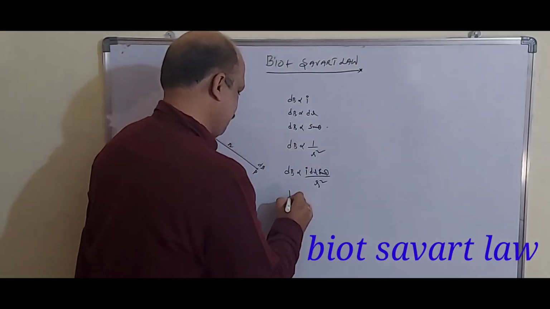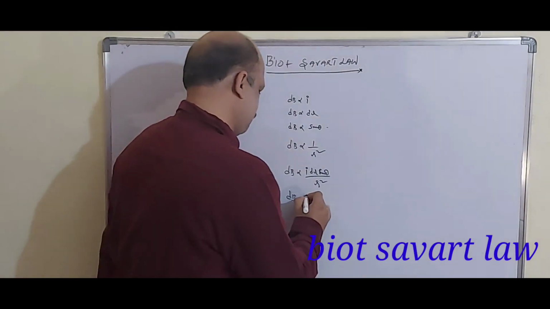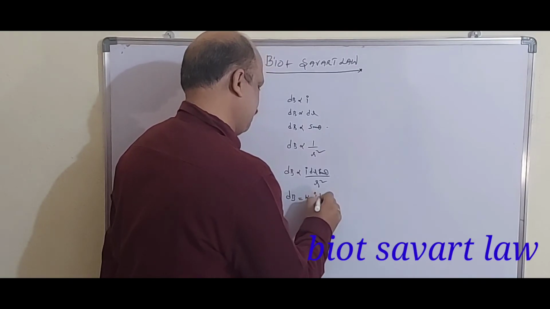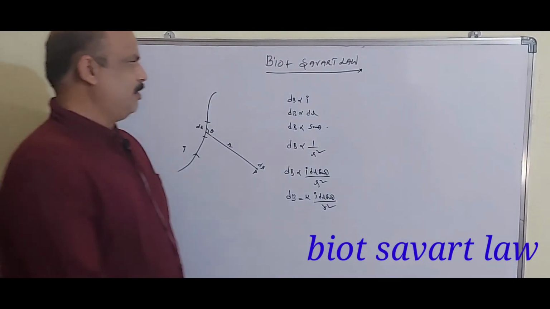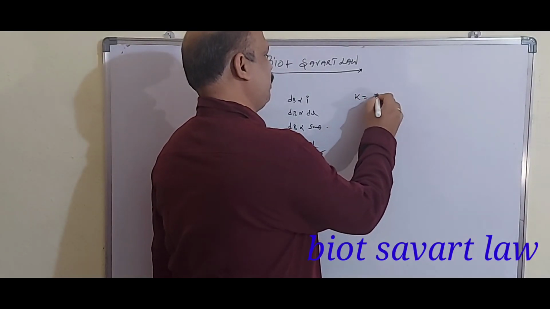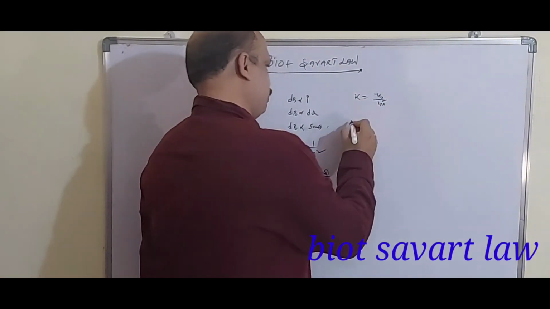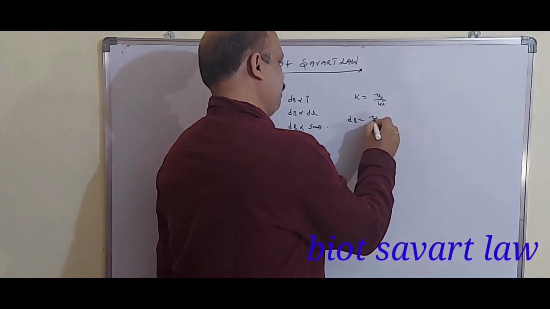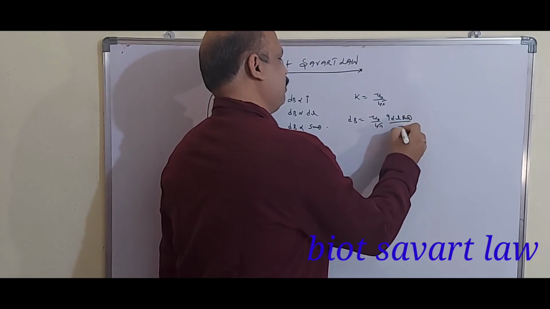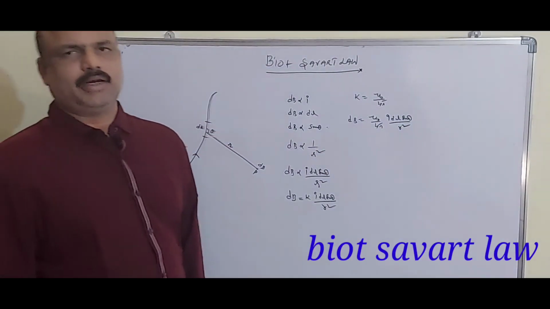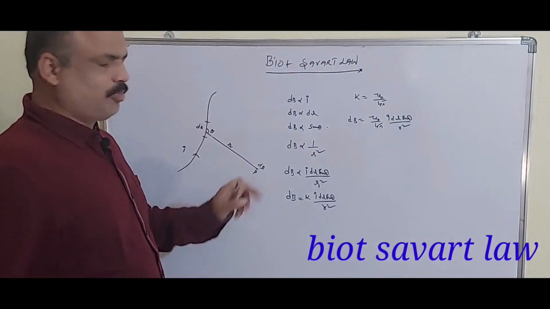By removing the proportionality we put a constant k, so dB is equal to k I dl sine theta divided by r square. Here k is a constant, the value of k is mu naught by 4 pi. So dB is equal to mu naught by 4 pi, I dl sine theta by r square. This is the magnetic field due to the small elemental length dl at a point P.